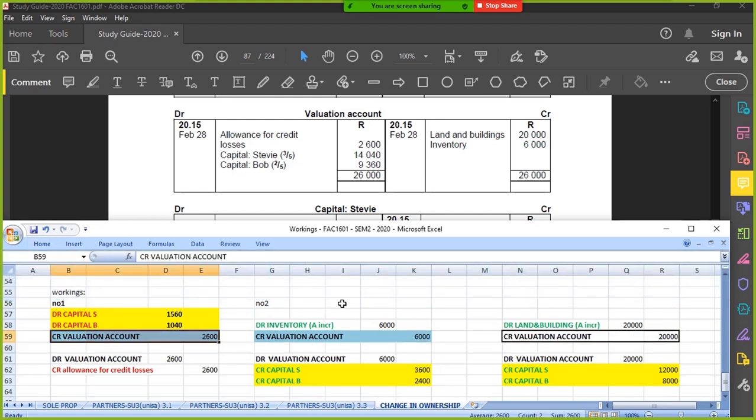All right, so when you look at the valuation account, I credited the valuation account with inventory 6,000. There's the credit. There's the contra accounts for the valuation.